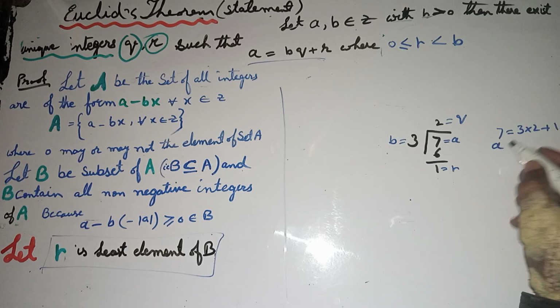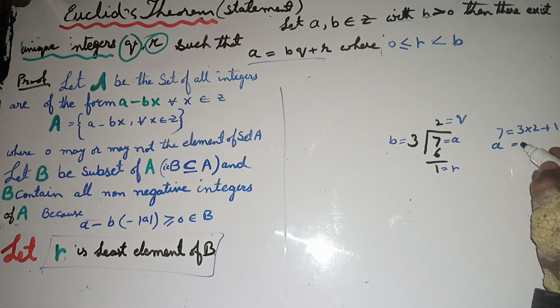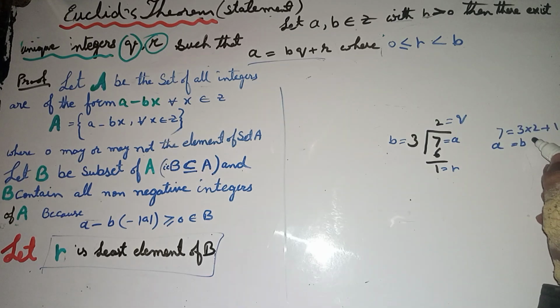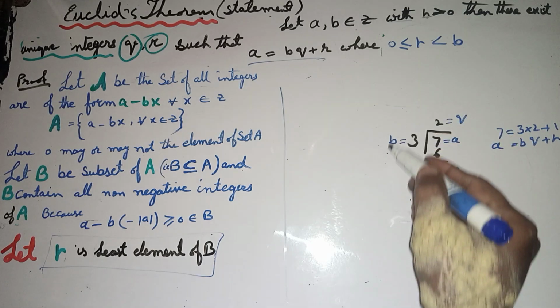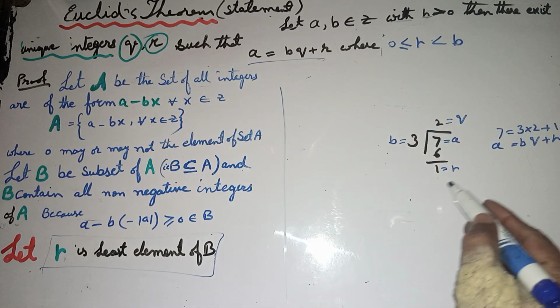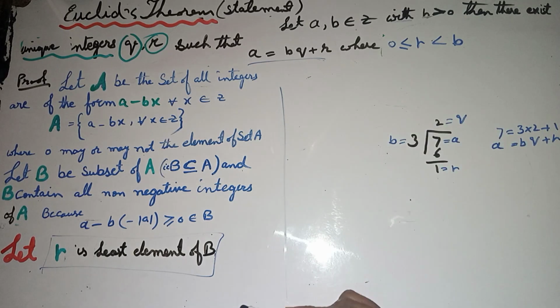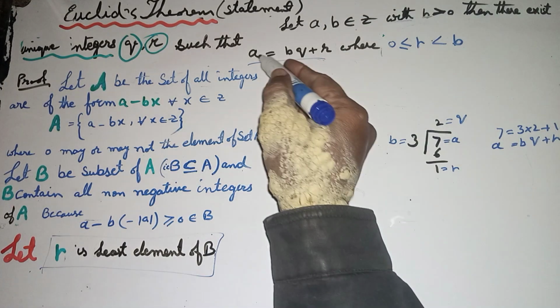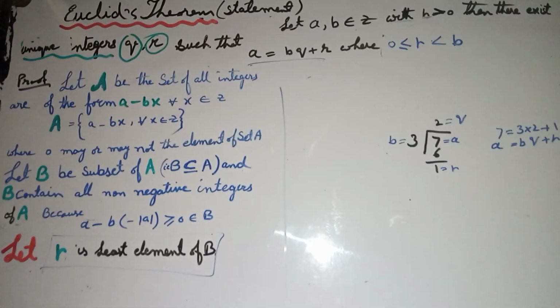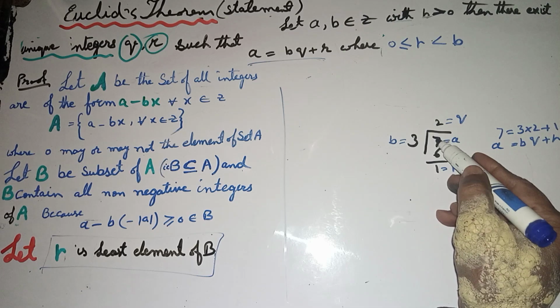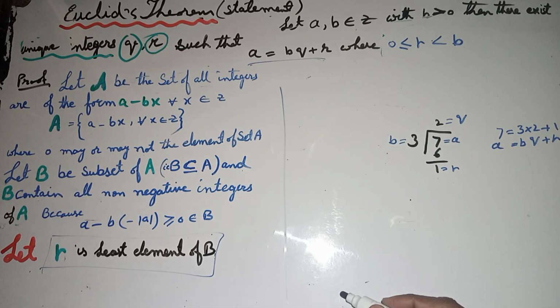This is A, this is B, this is Q plus R. Actually, we are going to prove this division, the true division. I can write this as this.